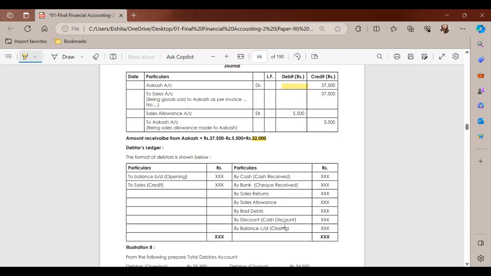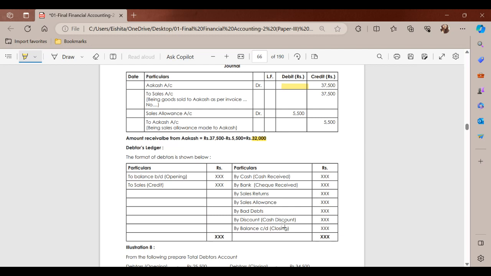Clear? So in the debtors ledger, you will find the following balances: opening balance plus whatever is a sale.